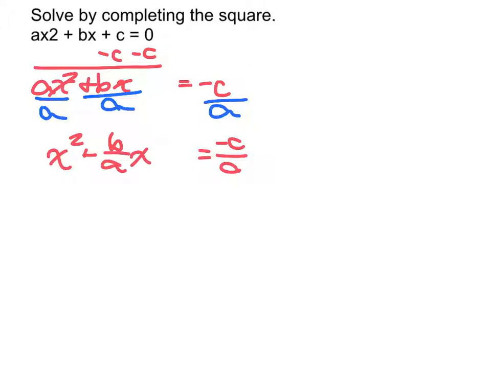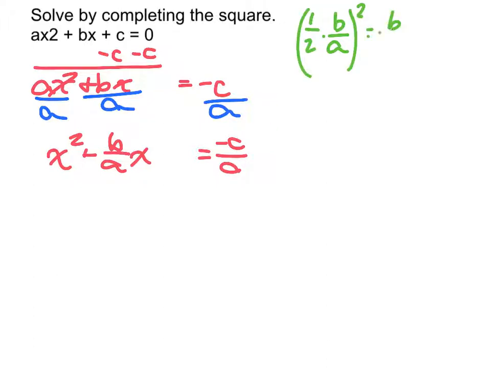Now, to do our completing the square work, we're going to do half of b squared. So I want to do b over a. Half of that, dividing this by 2, is the same as multiplying it by a half. So I'm going to take a half of this, and then I'm going to square the result.